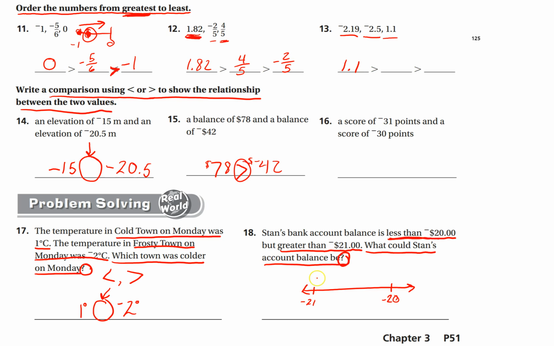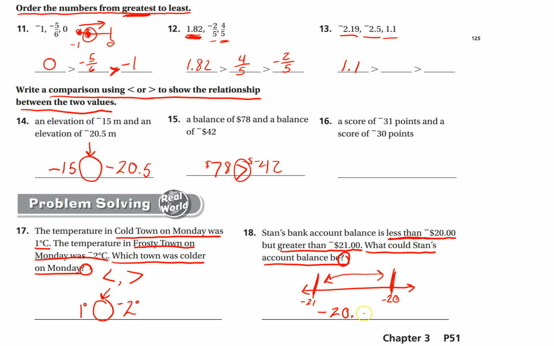We need an amount between negative 21 and negative 20. Any of these amounts in here would be acceptable. And since we're dealing with money, that just means it's going to be negative 20 point, and then you pick, because it can't be greater than negative 21.